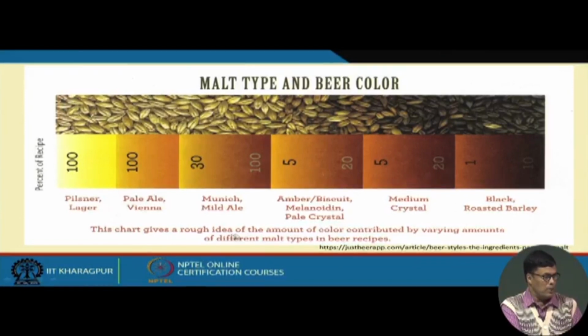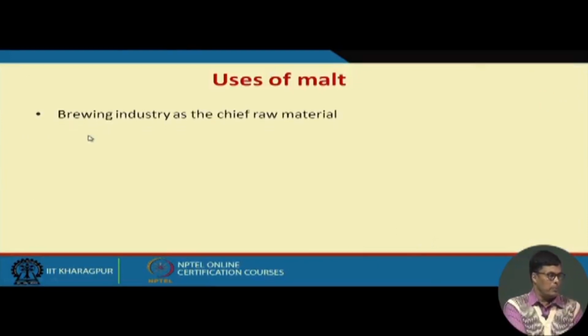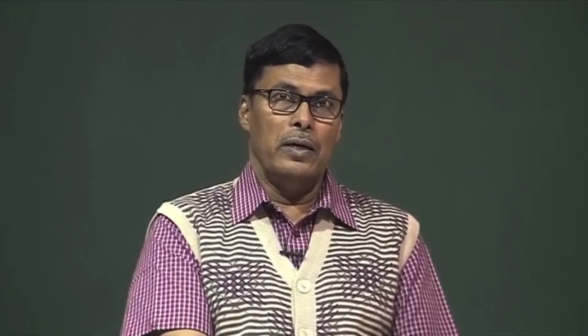This chart gives a rough idea about the color contribution of varying amounts of different malt types in a beer recipe. So malt has different uses. In the brewing industry it is a cheap raw material. Then it is used as a saccharifying agent in the manufacture of industrial alcohol, because I told you that whiskey is produced from starchy raw materials, the wheat starch and rice starch.